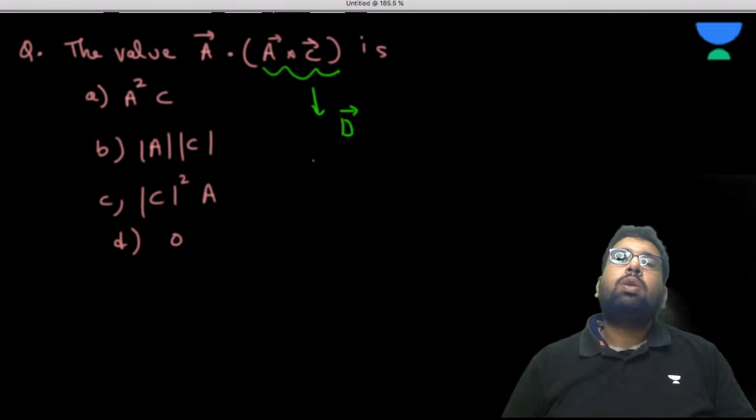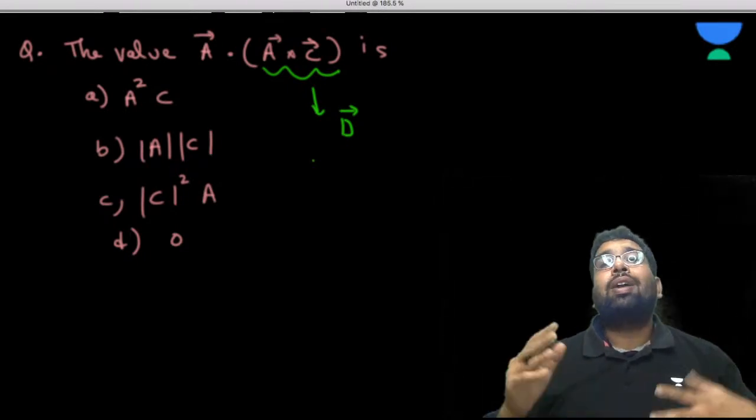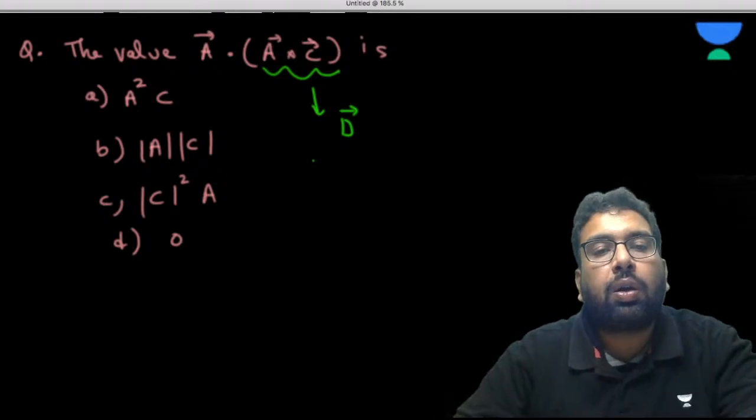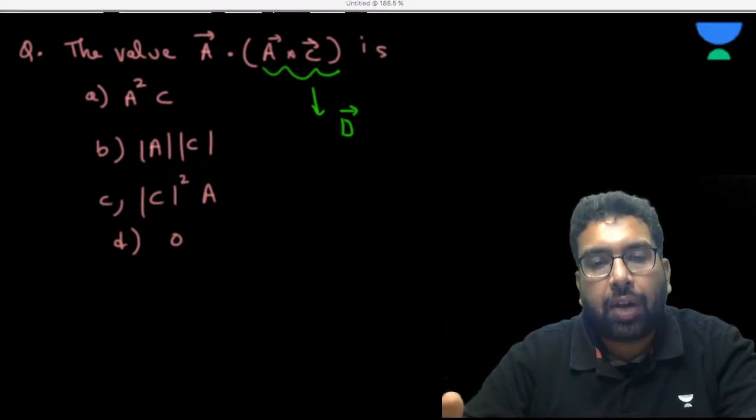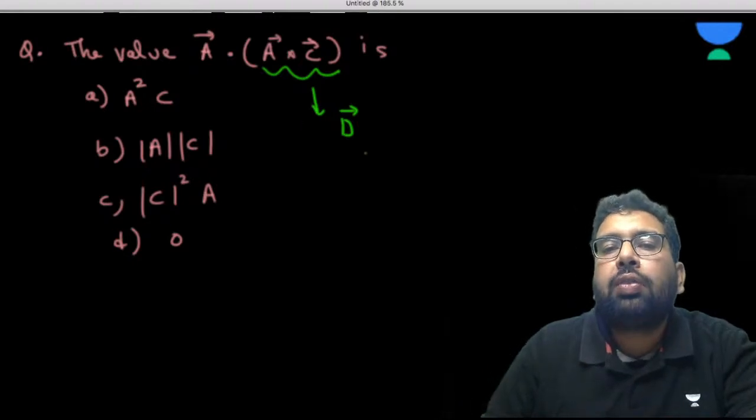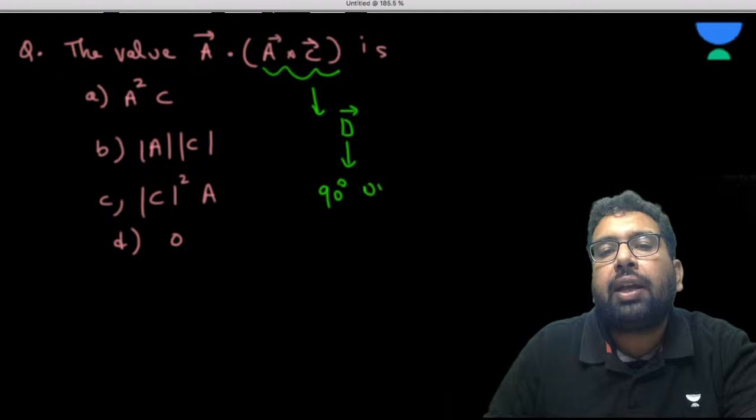See, when you do the cross product of two vectors, what are you going to get? We are going to get a new vector, because the cross product will always give you another vector. Now this vector is going to be at 90 degrees with A vector, isn't it?